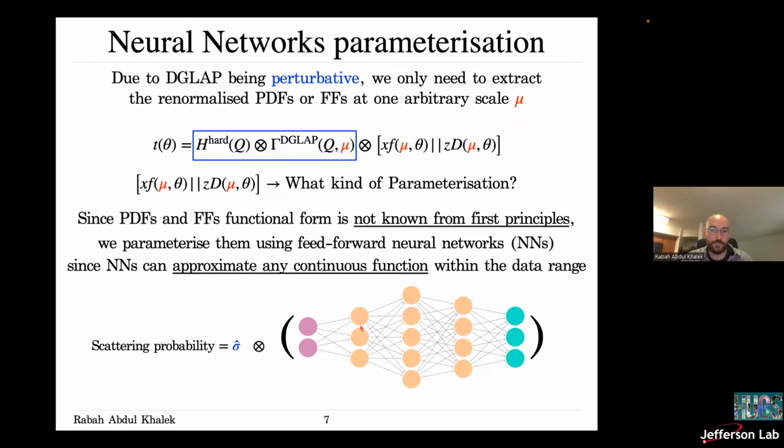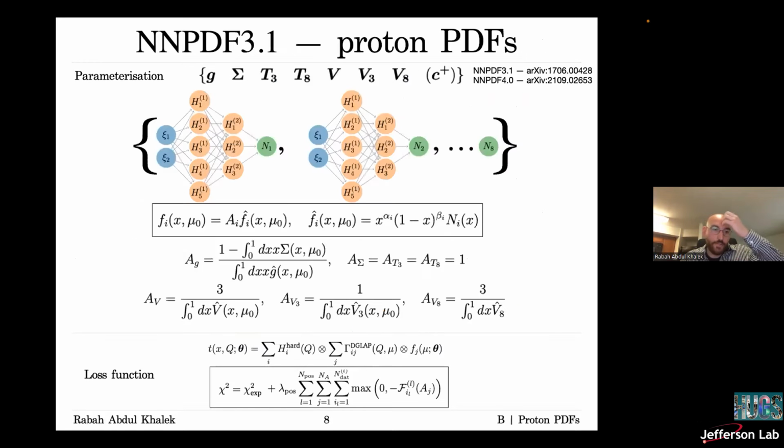I've been a former collaborator in these as well, so that's why I will display some results right now. But basically that's it: the cross-section sigma, which you can calculate, convoluted with a neural network. There are many ways to parameterize these neural networks.